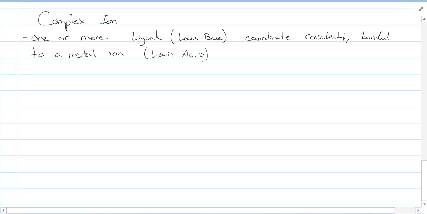Coordinate covalent bond. That's where one atom brings both electrons to bond.